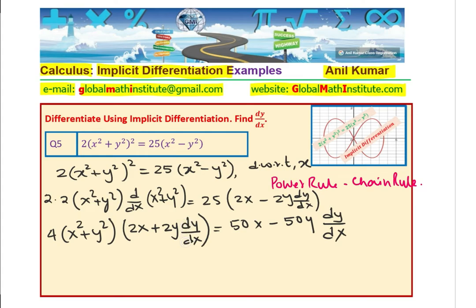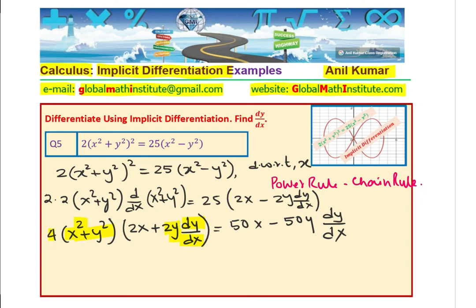So the term involving dy dx, I like to keep it on the left hand side and rest on the right hand side. So on the left hand side, I get 4 times x squared plus y squared times 2y dy dx. I'm keeping this on the left hand side, right? Well, I could divide by 2 and simplify. I could do that. Let's do it later.